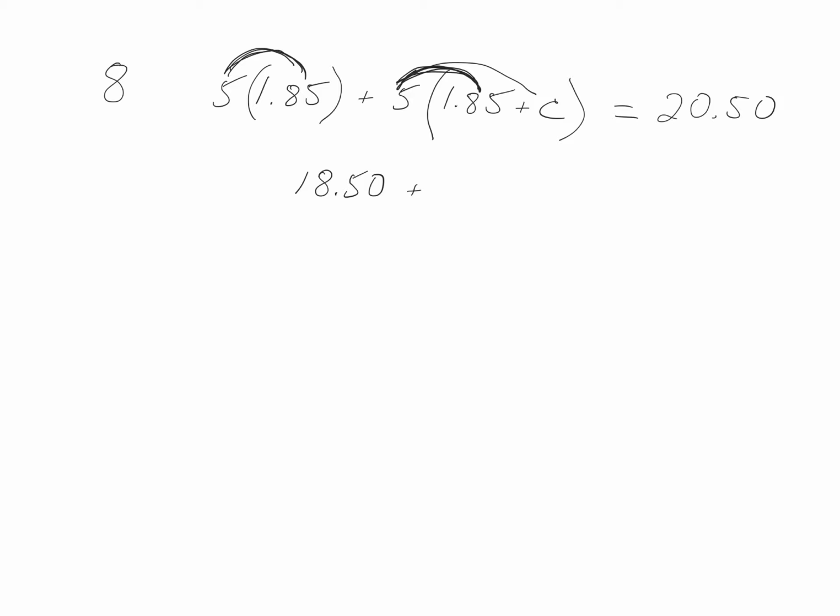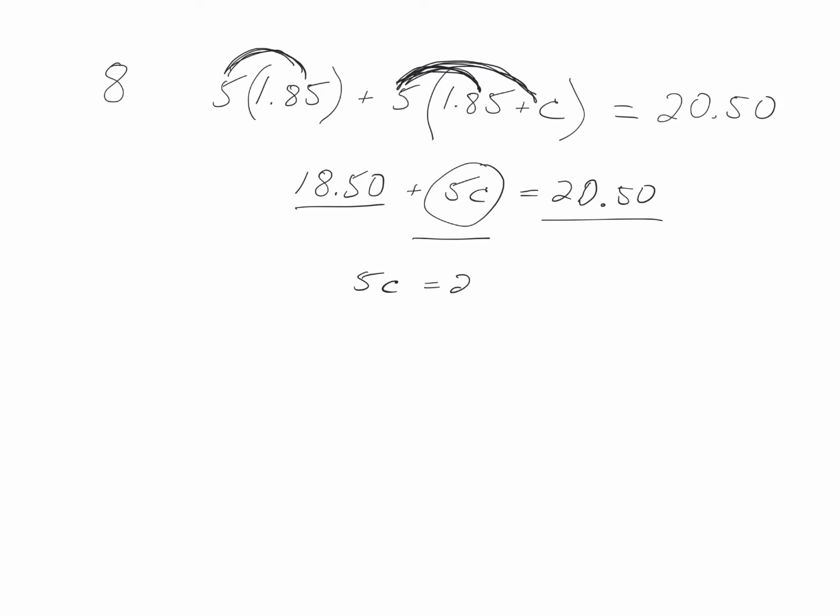Plus, don't forget, we also have 5 times C, 5C, and that's 20.50. And we can see that 5C must be 2, because 18.50 plus 2 is 20.50. So 5C equals $2. That means that C must equal 40 cents. Dollars 0.40. B is the answer.